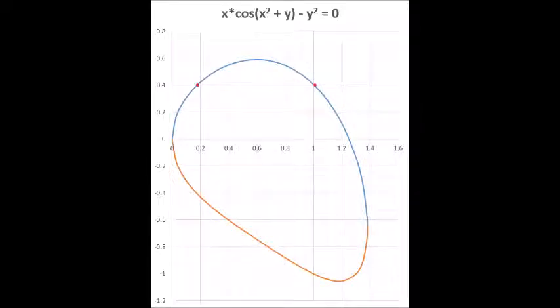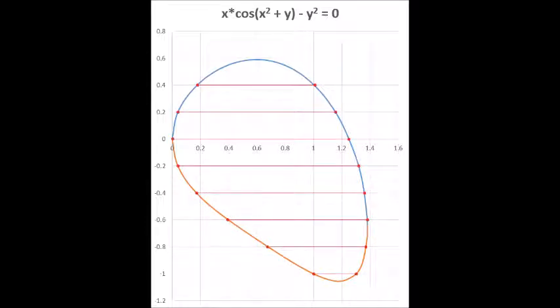So notice that for y equals 0.4, there are two red dots. I just showed you how to find the one on the right. The one on the left can be found in a similar fashion. You just have to use different x0 and x1 as starting points in the secant method. This would also be good practice for you to try on your own.